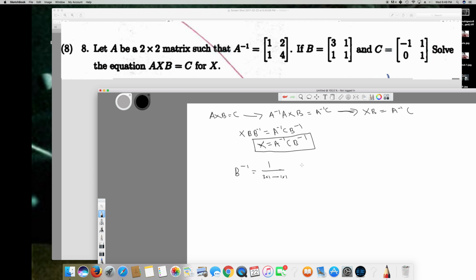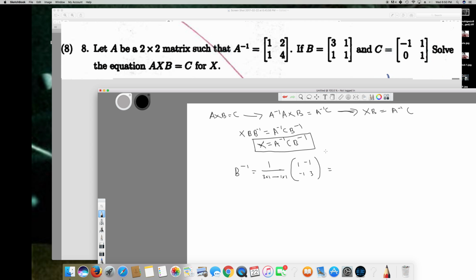Then we have to copy the B: these two sides become negative, negative 1, negative 1, and this diagonal will flip around, so it will become 1, 3. This is the equation for inverse. To find any inverse you do the same thing: put a negative sign in front of this diagonal, switch this diagonal around, and then multiply by 1 over AD minus BC, and you will get the inverse of any 2 by 2 matrix.